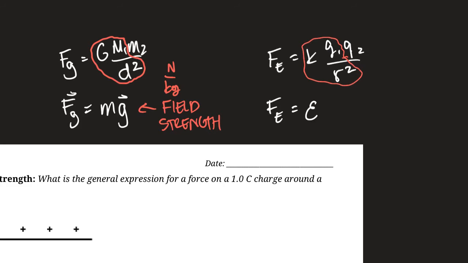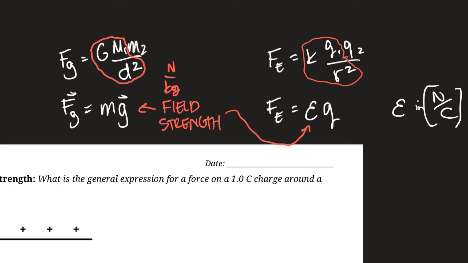The symbol we use for field strength is epsilon, times the charge. Epsilon is a Greek letter. It just looks like a curly E, basically. But again, it's just the field strength of the electric field. And the units that field strength will have, it will be E in newtons per coulomb.